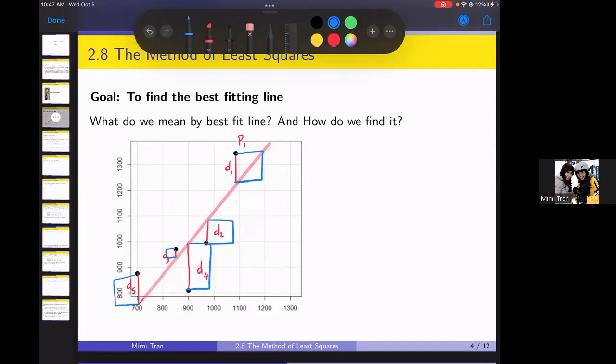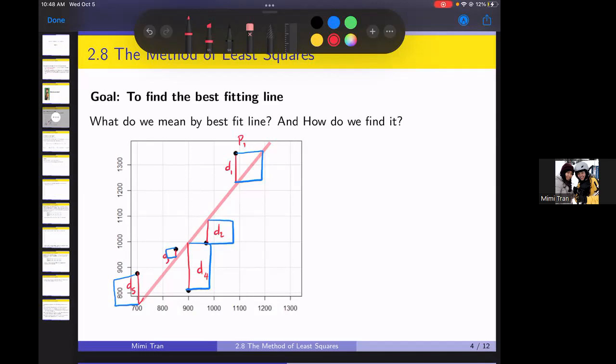What is the area of the square? Length times width, the same thing, which is something squared. In this case, it will be D squared. By the way, they're all squares with different lengths. Say this one has length 2, this one length 1, this one length 1.5. But they're all squares.